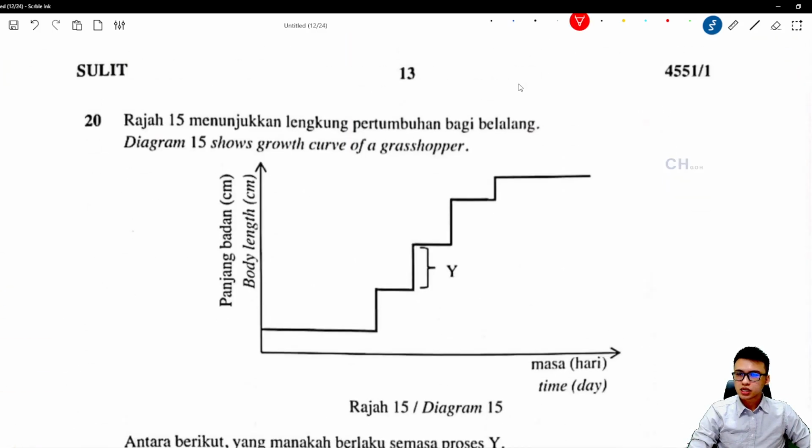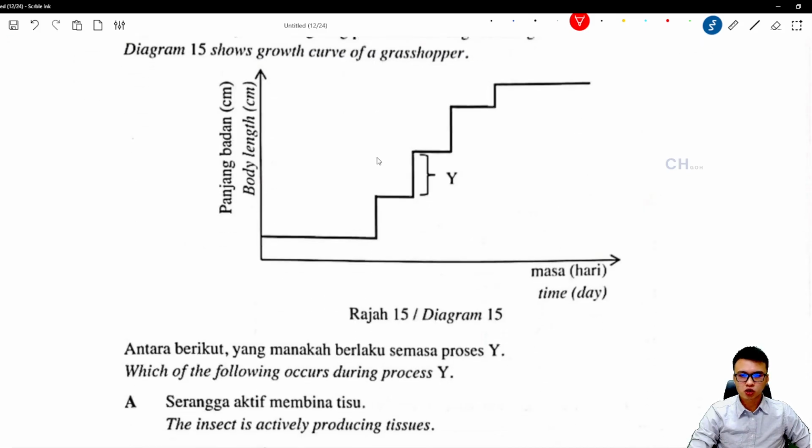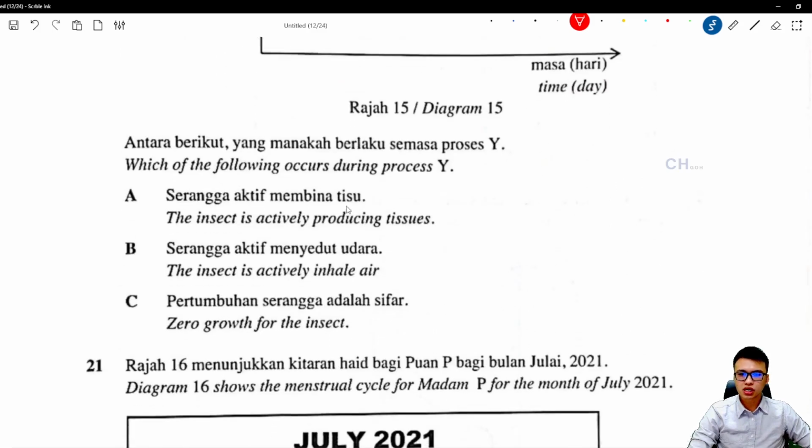Question 20. Diagram 15 shows the growth curve of a grasshopper. Okay, growth curve. You can see the body length suddenly increases a lot during stage 1. Which of the following occurs during process Y? The insect is actively inhaling air. Why?